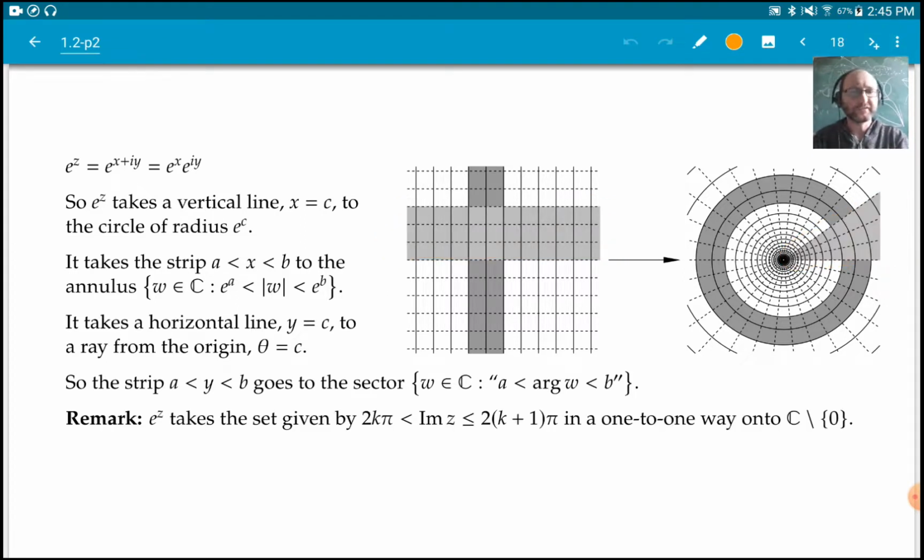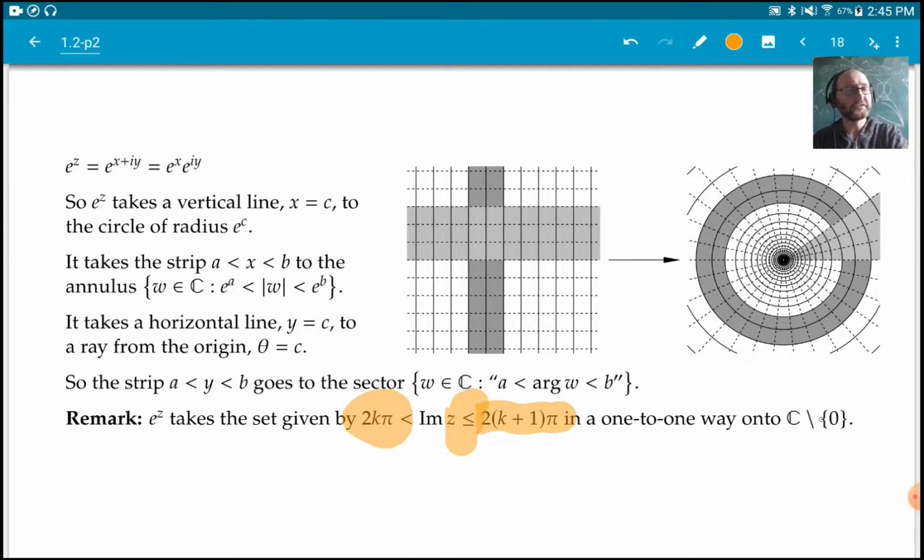In particular, if you take something of width 2 pi, and you want to make it onto, you have to add in not just the open strip, but also one of the boundaries. So maybe let's put the upper boundary. Let's start at some 2k pi, some multiple of 2 pi, and go up one further multiple of 2 pi, and throw in the upper boundary as well.